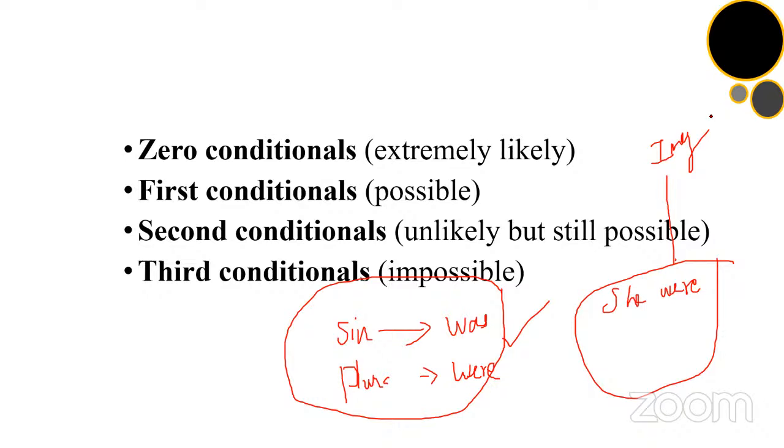Here it is with respect to conditionals only. Third conditional, that is impossible. So we can use were with conditionals only, not with other things, mainly the third conditional. Because it is impossible, no? We can't rewind that and we can't change it.